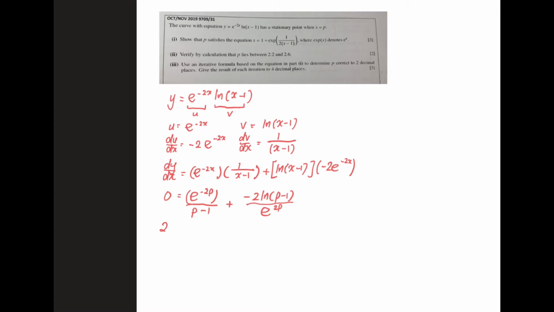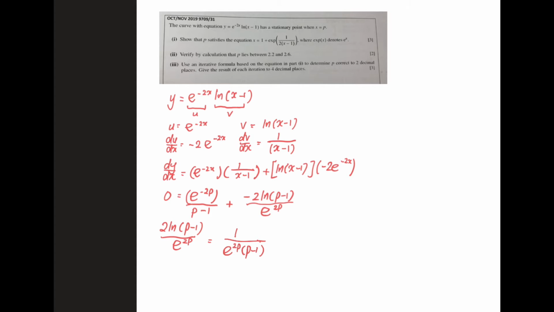Okay, so 2 ln (p minus 1) e to the 2p equal to, let's say I bring down this e also on the right hand side. So I will get 1 over e to the 2p, p minus 1.